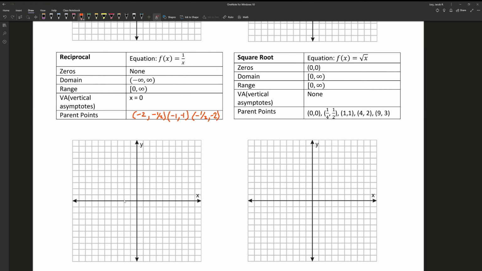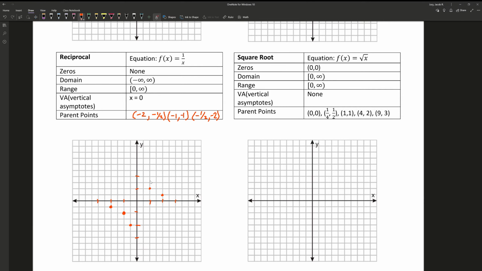And I'm going to go ahead and change my scale so that every 2 units is 1 unit. That way my graph is a little bit easier to create. I can plot -1, -1 there, -2, -1/2 here, and so on. And you've probably guessed, or you might remember, what this graph looks like.